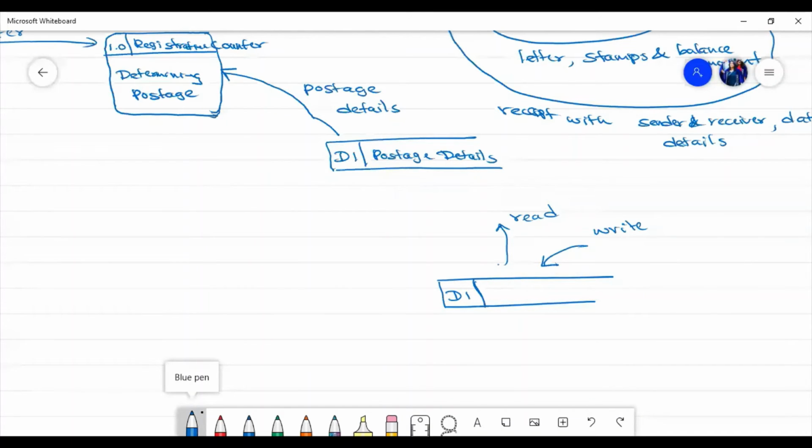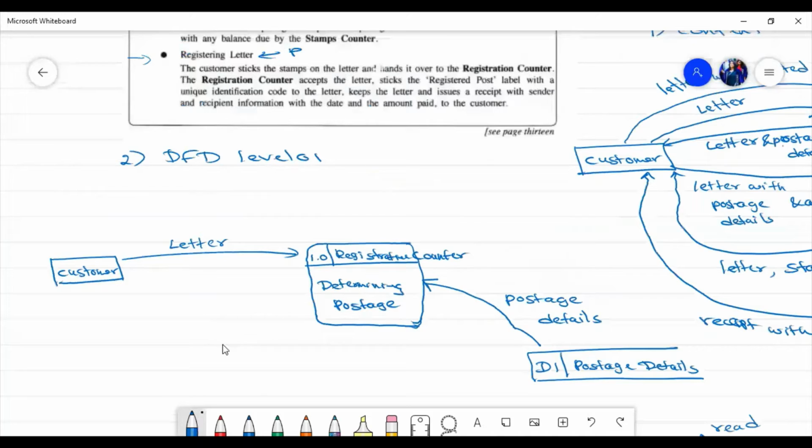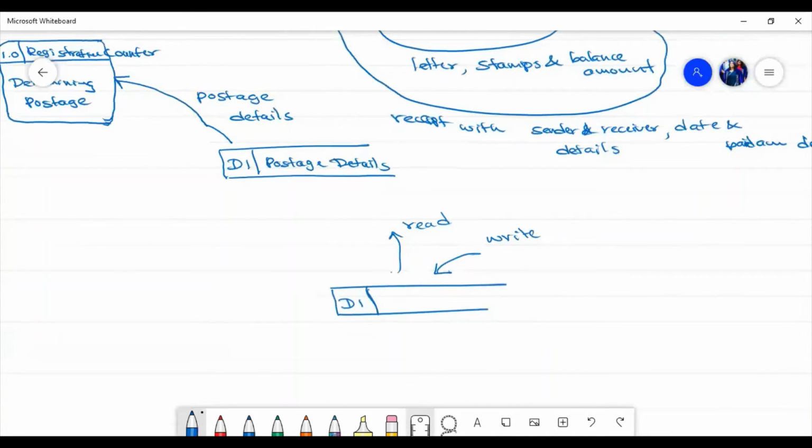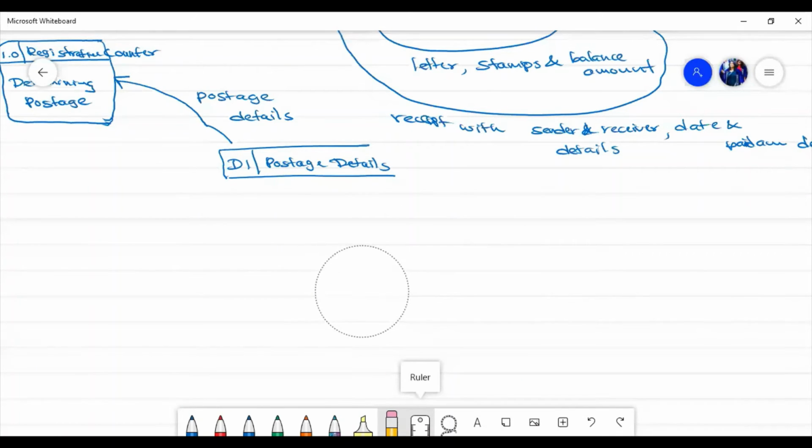If you are taking out something from the data store, that is known as a read. If you are giving something back to the data store, that is known as a write. You are writing data. In some cases, we are supposed to write data. So here what we are doing is reading postage details. I'll clear this. So now you know what read and write are.